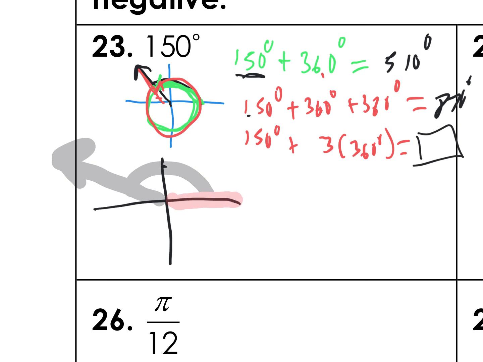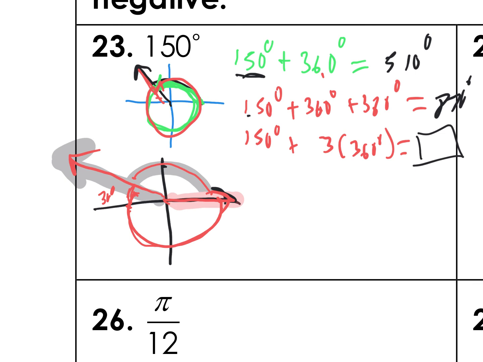So if this is my initial side, I need to go this way to end up here at the terminal side. So the question is, how big is that? You know it's negative 180 plus a little more. How much is that little more? If this original was 150, then this must be 30 degrees in order to get the total 180.